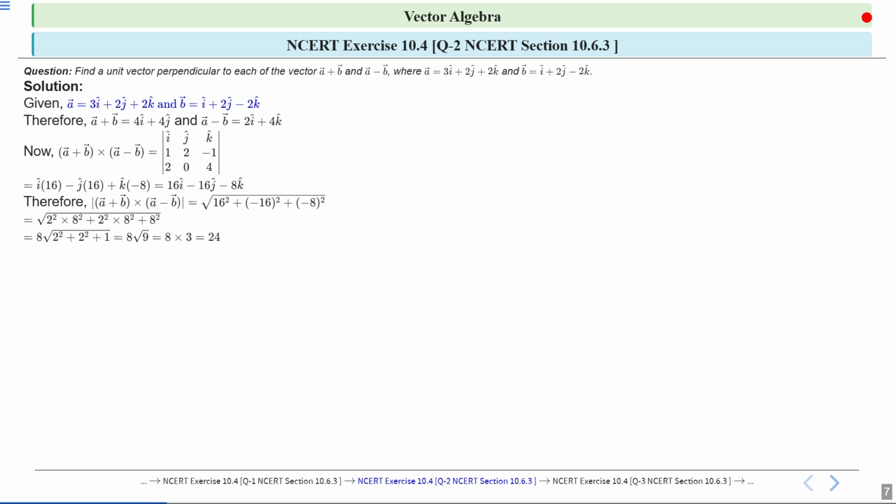Which is 8 into the square root of 2 square plus 2 square plus 1, which is equal to 8 root 9. Clear? Which is basically equal to 8 into 3. Got it?